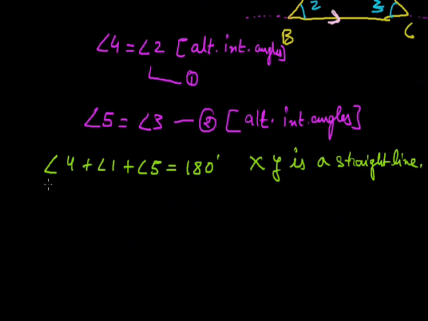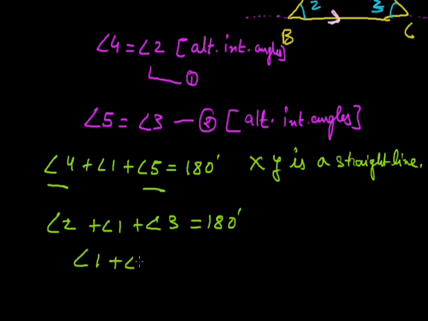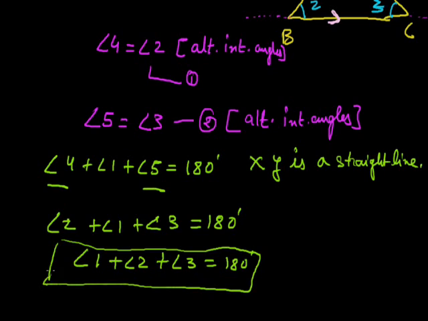But we know that angle 4 is equal to angle 2 and angle 5 is equal to angle 3. So we can write angle 2 plus angle 1 plus angle 3 is equal to 180 degree. Now if we arrange this equation, we can write angle 1 plus angle 2 plus angle 3 is equal to 180 degree. This is what we had to prove, that the sum of all the three angles of a triangle is 180 degree, and which we have proved.